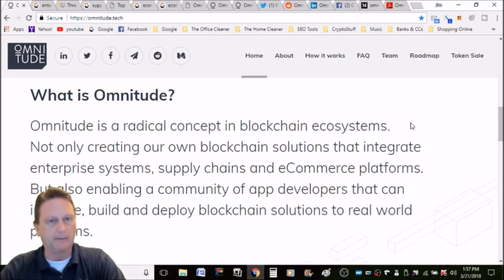I believe the pre-ICO was 40 cents. And this is, by the way, open to US residents as well, since it's a utility token. They do a KYC, so they verify your identity, and it's very simple. I went through the process, and I'll show you that in just a little bit. But it is open to US residents.